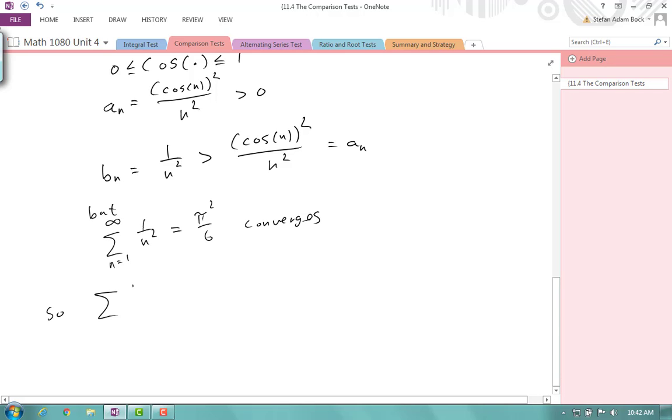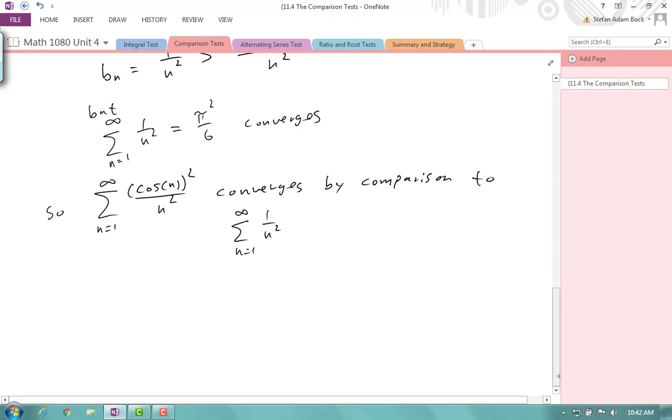So I would say the sum of cosine of n squared over n squared converges by comparison to the sum of 1 over n squared. And this works both ways. I just have to be careful about how I choose things.